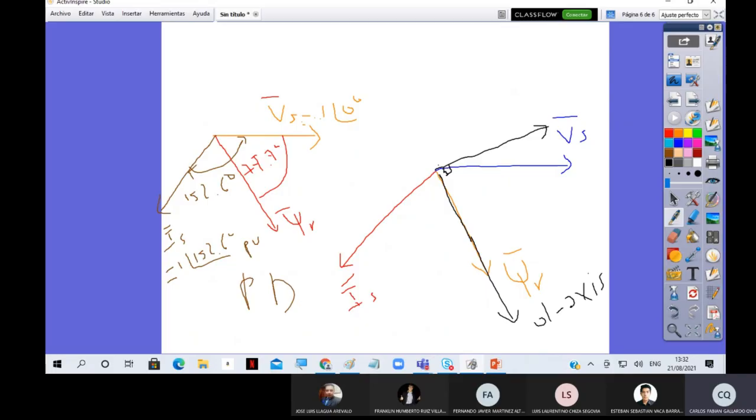This is the Q axis. Okay, so therefore, I am able to split up in the two components. For instance, for this current, I will have here the two components. This is the stator current in quadrature axis.